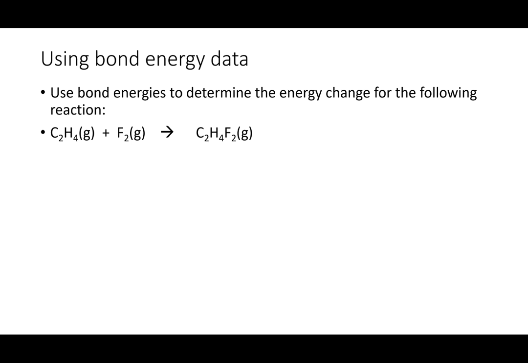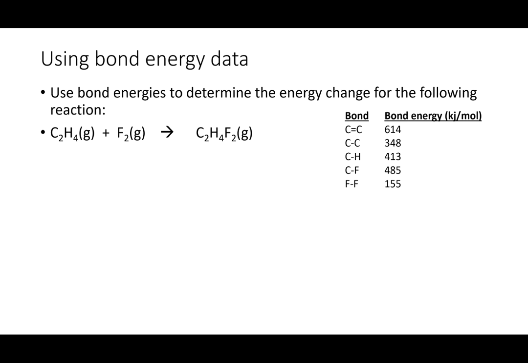What we'll get with these sort of questions is a little bit of data that looks like this. This gives you the energy required to break the bonds, so the energy you need to put in to break those bonds, and the energy that's given out when those bonds are made.